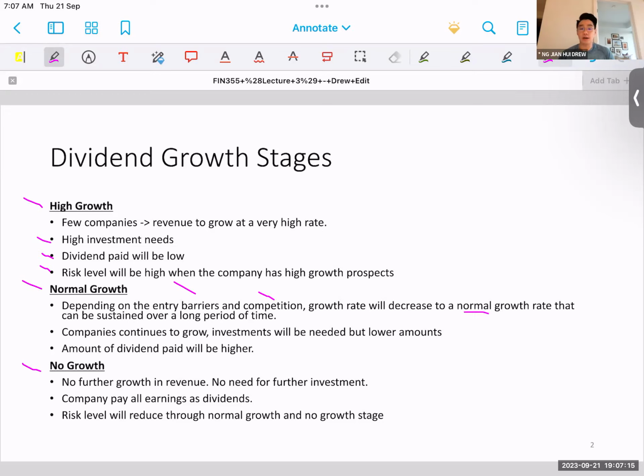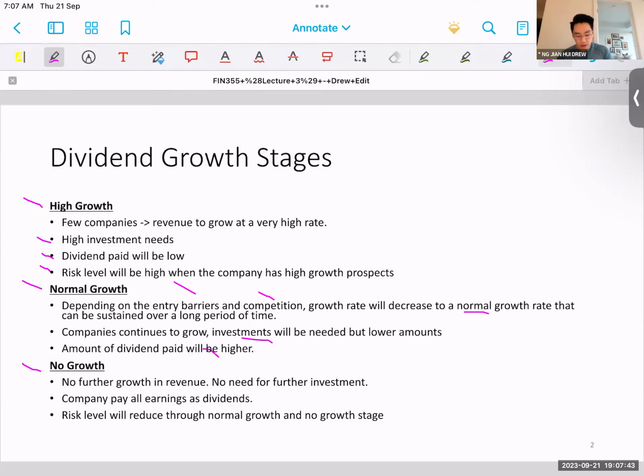From, let's say, high growth where g equals 12%, I hope you remember the sustainable growth rate, maybe normal growth is 5%. There's a drop to a normal growth level. The company continues to grow, and investments are needed, but at a lower level. The amount of dividends paid will, of course, be higher.